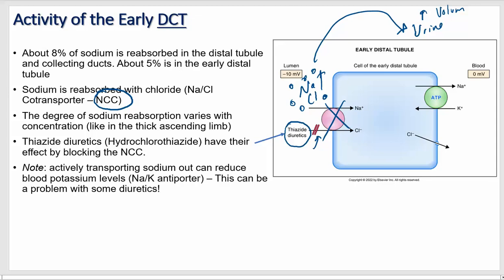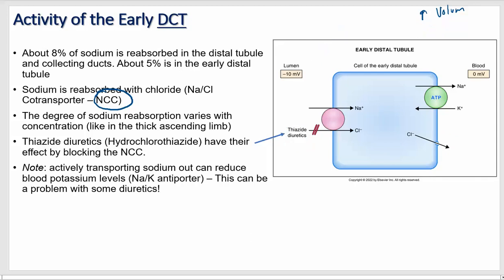All right, so we can look at this mechanism. It's a sodium potassium pump, pretty typical there. Secondary active transport: sodium's going down its concentration gradient, pulling chloride with it, and then we can open up the channel for chloride, and chloride will go back into the body. That's the way it works. If we block it, none of that happens, or it happens at a much lower rate, and we have increased urine.